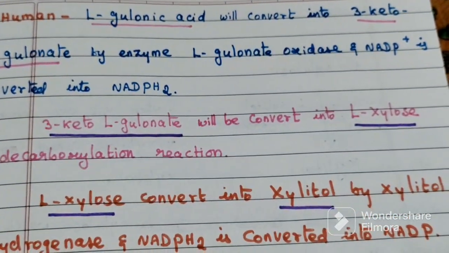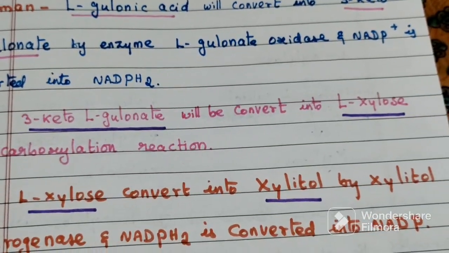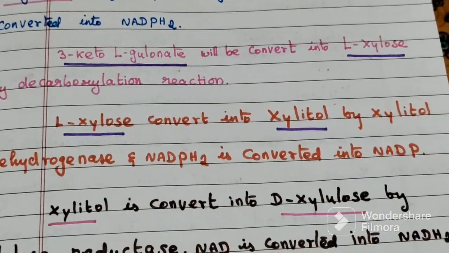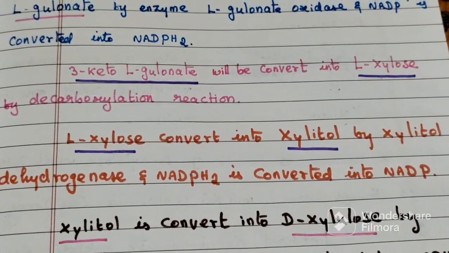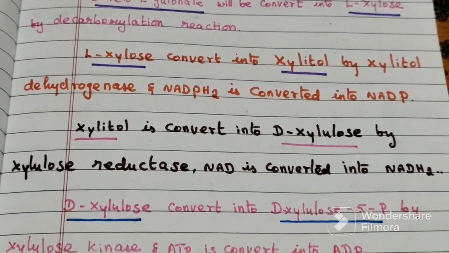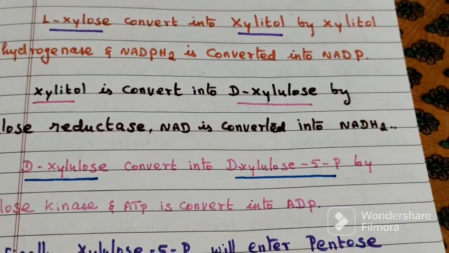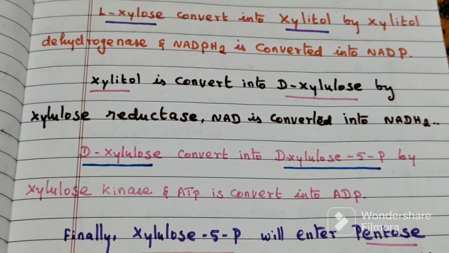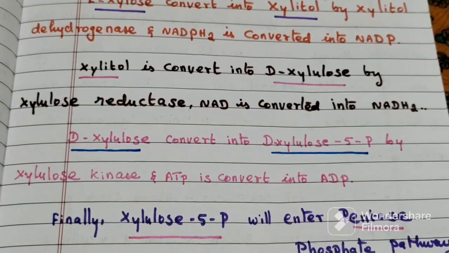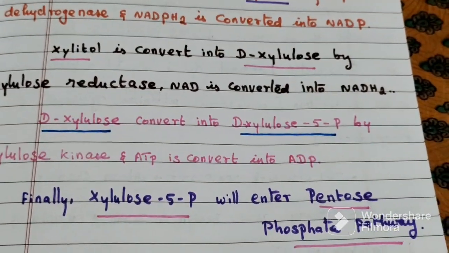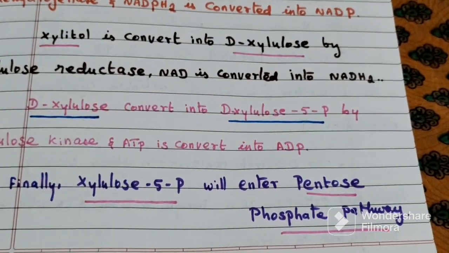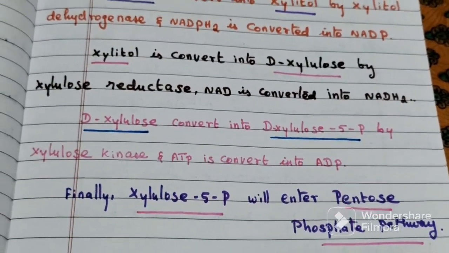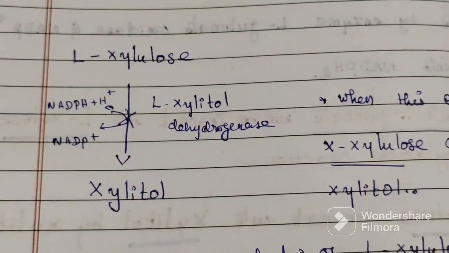Then this L-xylulose is converted into xylitol. Then this xylitol is converted into D-xylulose. Then D-xylulose is converted into D-xylulose 5-phosphate. Then this D-xylulose 5-phosphate finally enters the pentose phosphate pathway.